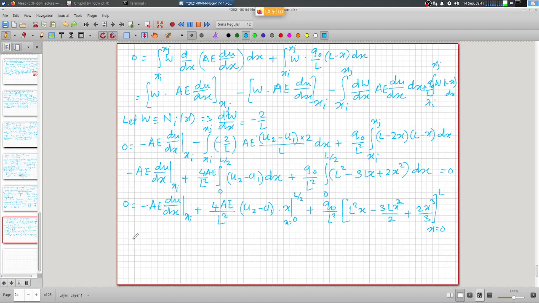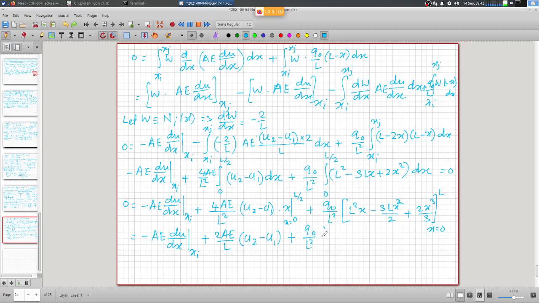So let's evaluate the limits. So we have AE du by dx at xi plus, this will be L by 2, so the L cancels here, the factor 2 cancels there, so 2AE by L multiplied by (u2 minus u1), plus, this requires a little bit of calculation.